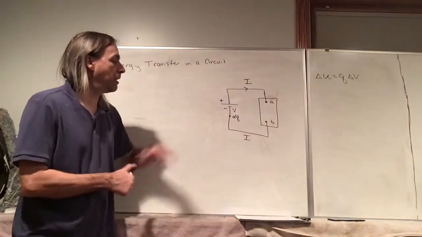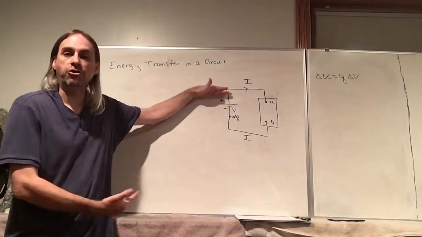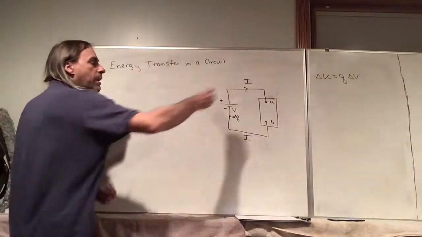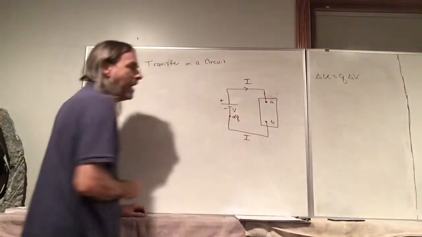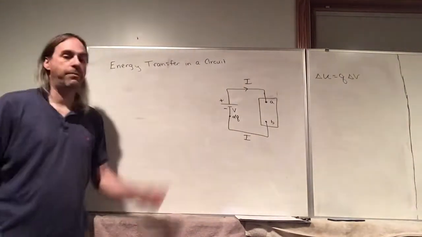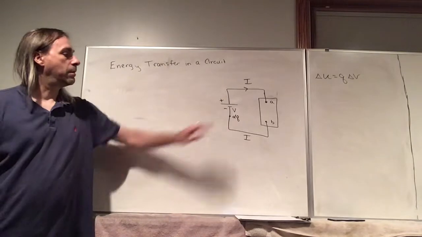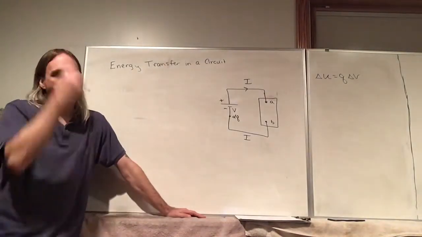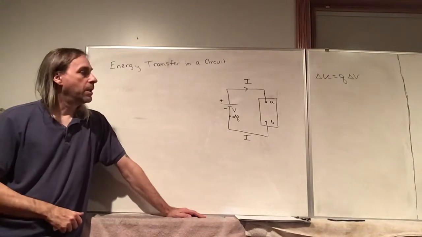So let's say it has very low energy here. Now it's energetic. That's what the battery does. It's giving energy to this charge. And when it goes into this device, it has to lose all of that energy because it's going to end up back where it started.